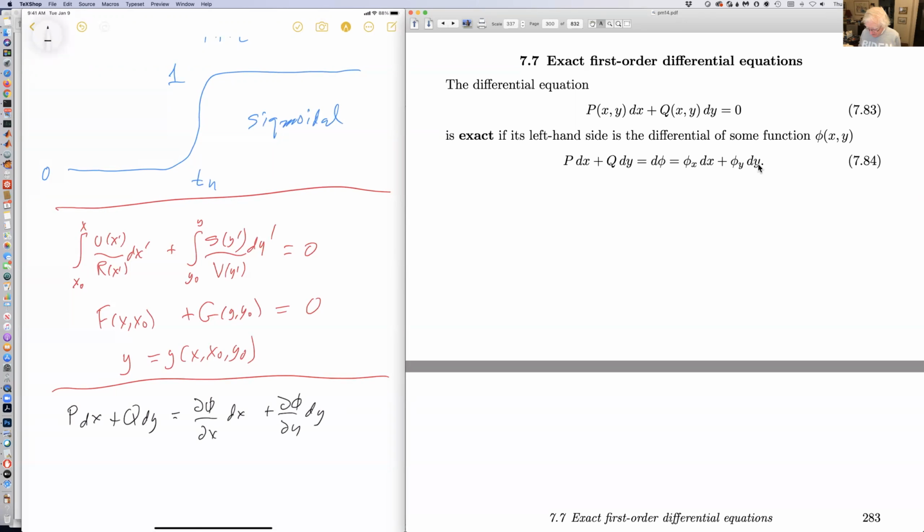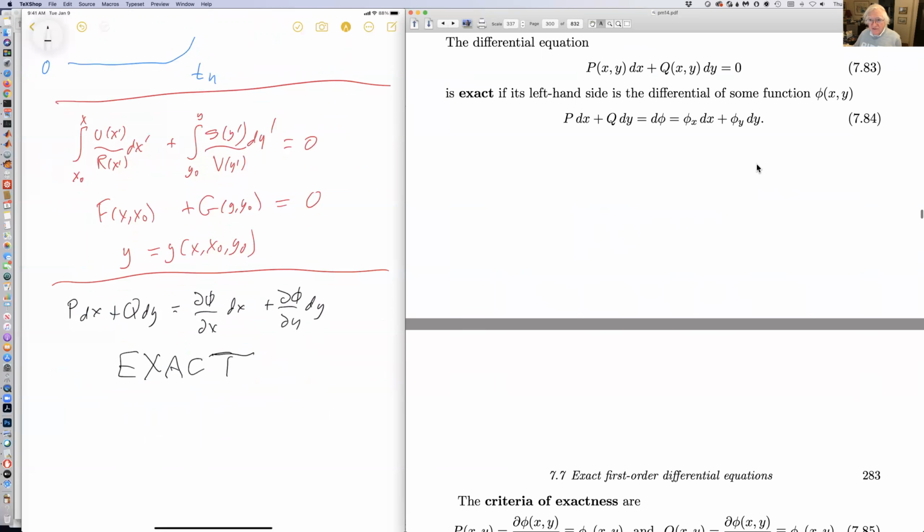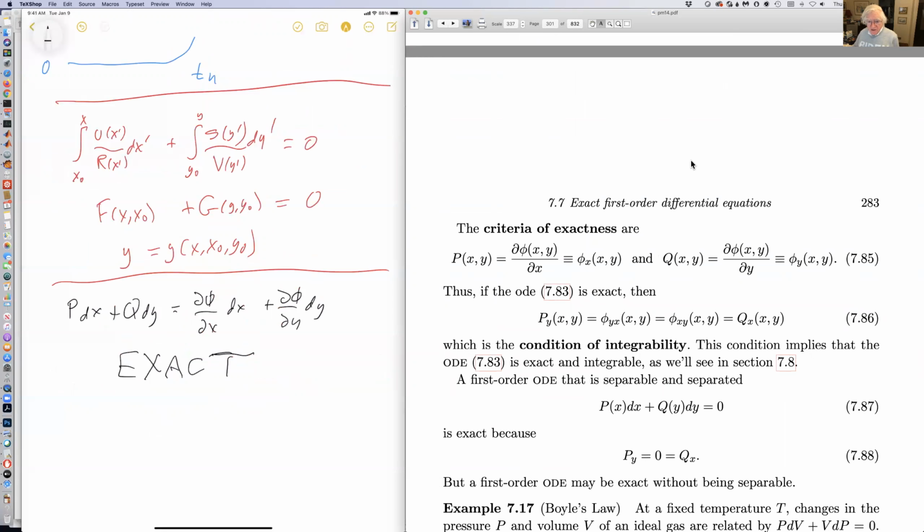In this case, the thing is said to be exact. And the nice thing about exact first order differential equations is that one can often integrate them. In fact, I imagine we can always integrate them.